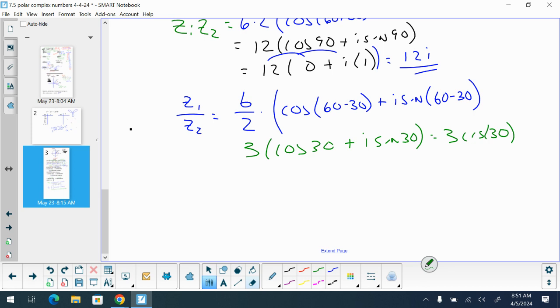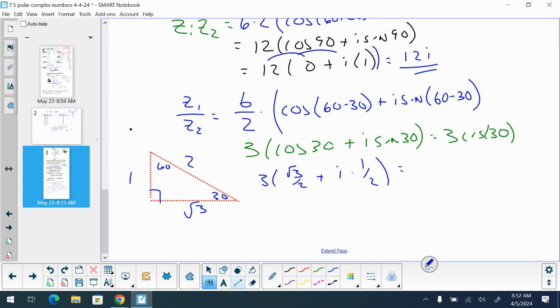We can always simplify this down, where if I take a look at a 30-60 right triangle and take it back out of polar coordinates, where we have 30, 60, and a right triangle, 1, 2, square root of 3. The cosine of 30 degrees is square root of 3 over 2 plus I times the sine of 30 degrees, which is 1 over 2.